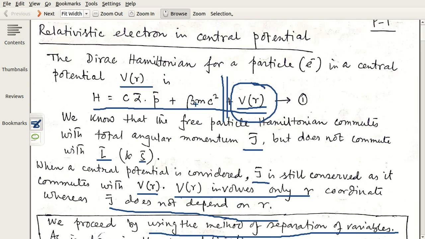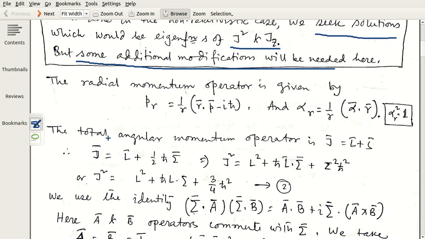You can take p as a vector operator, and take its components in Cartesian, say px, py, pz. Similarly, you can take its components in spherical polar coordinates, say pr, p theta and p phi. So pr takes this form. I think this is known to you.